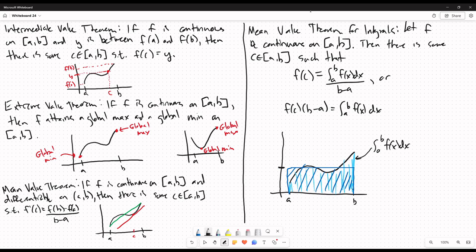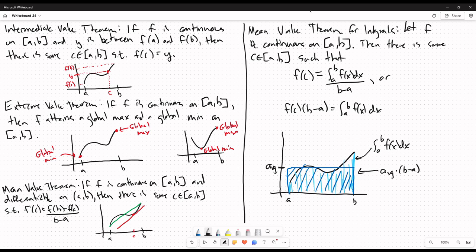If I call this point average, then the area of this new box with a flat top is given by this average value times b minus a. It's just a rectangle with a height of average and a base of b minus a.